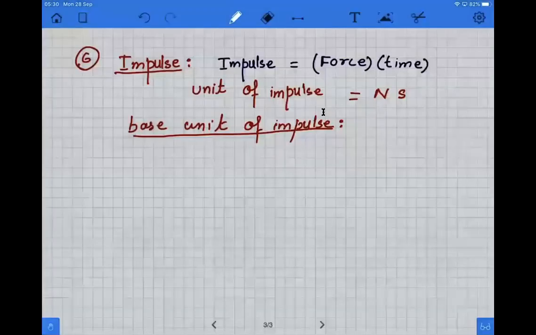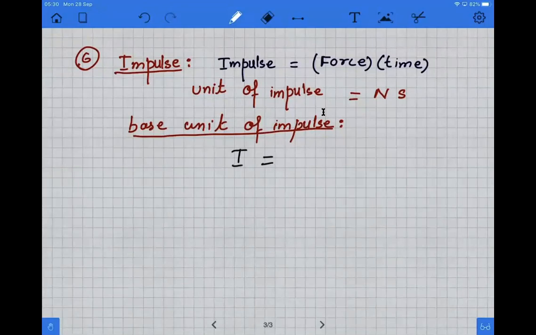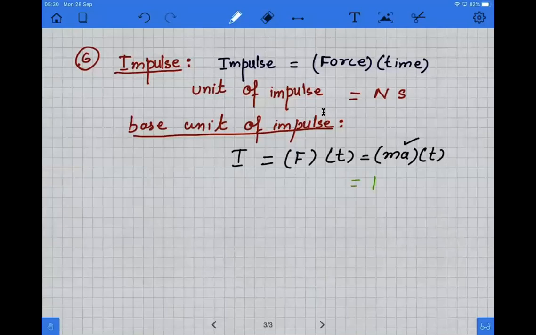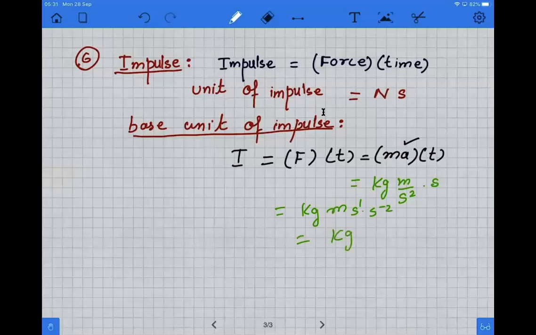Base unit of impulse would be F times T. F is ma into T. So if we substitute the units, it would become kilogram meter per second square into second. So finally it would become kilogram meter second power 1 second power minus 2, kilogram meter second power minus 1.